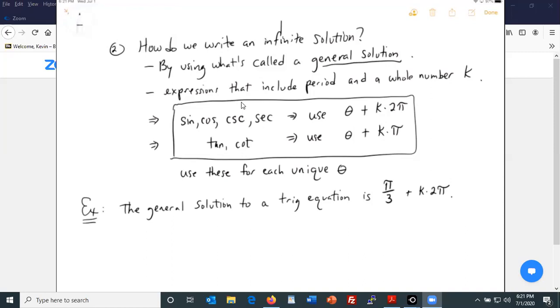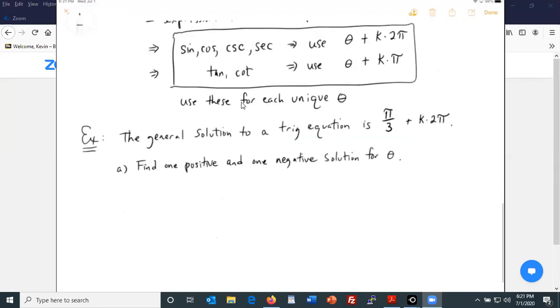Okay, so we're going to do a couple things here with this. The first thing is a very similar question to your lab. We're going to find one positive and one negative solution for theta. In other words, I want two different answers, one that's positive and one that's negative, knowing that the general form of a solution to the equation is given by pi over 3 plus k times 2 pi.